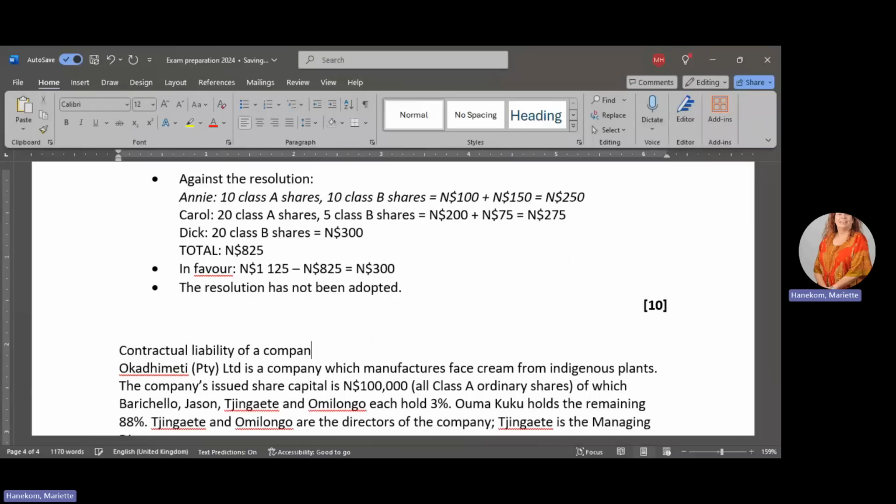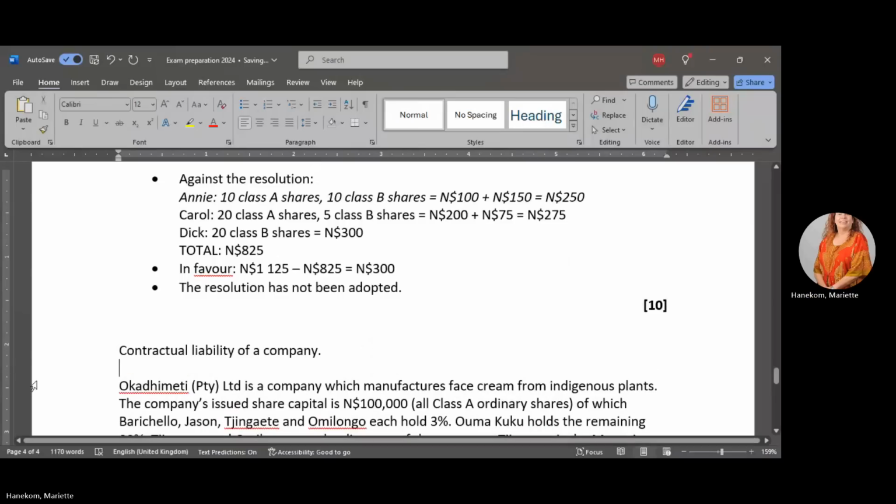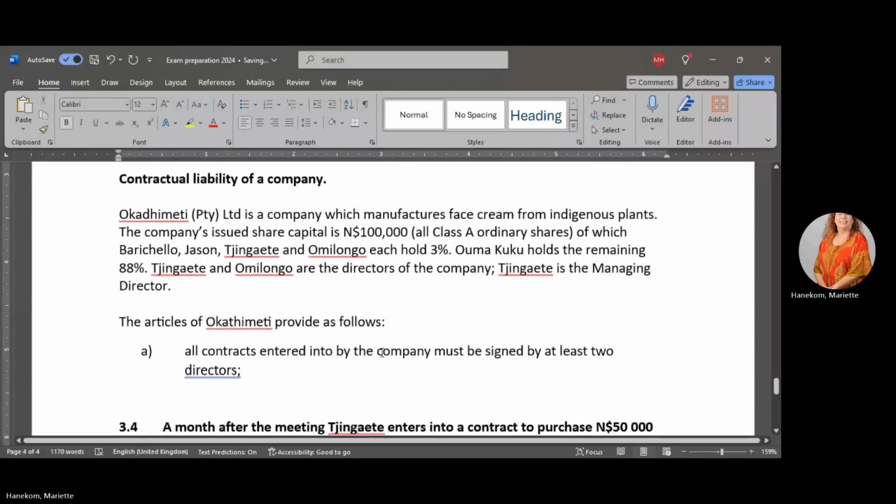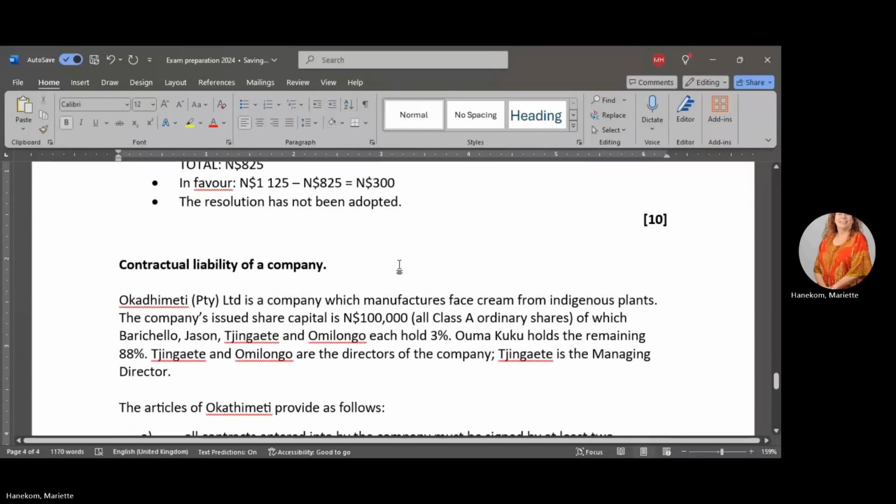Last aspect I'm going to look at is contractual liability of a company. Obviously, there is a question on contractual liability of a company in the exam as well.